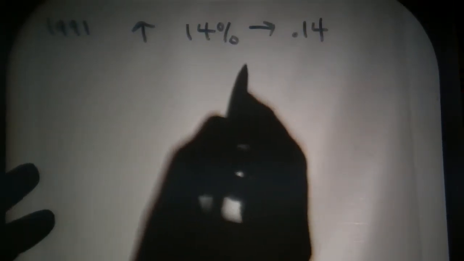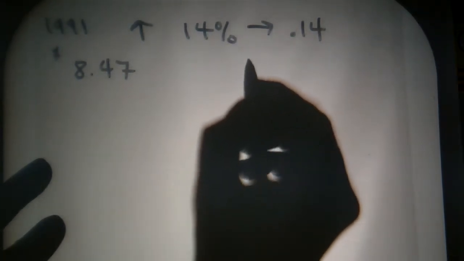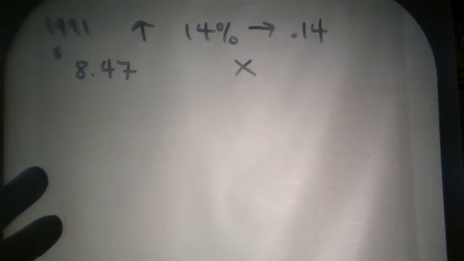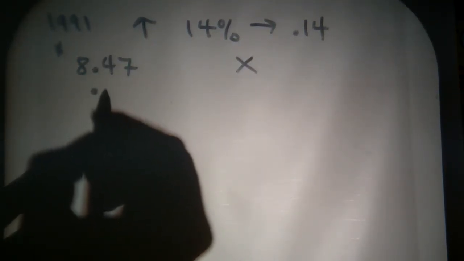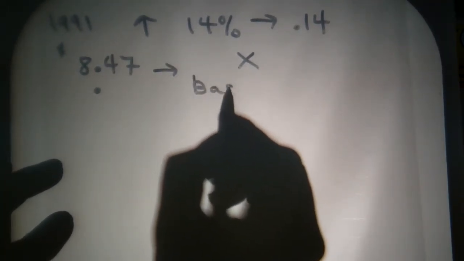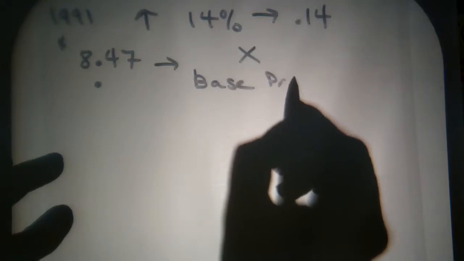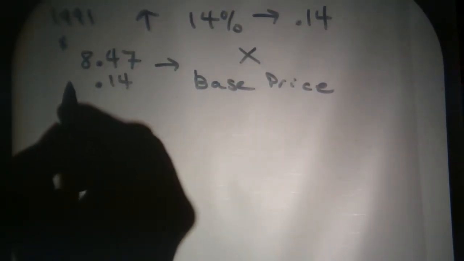So here we have a calculator also. Oh, we can't see that, so we'll just do it this way. We'll take the $8.47 and we need to multiply that. So you're multiplying the percent or the decimal by the base price, which is what we need to call it in this instance, by 14.